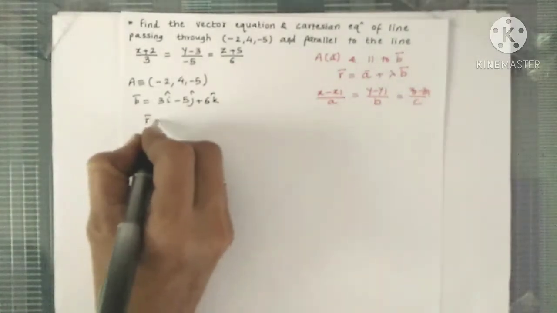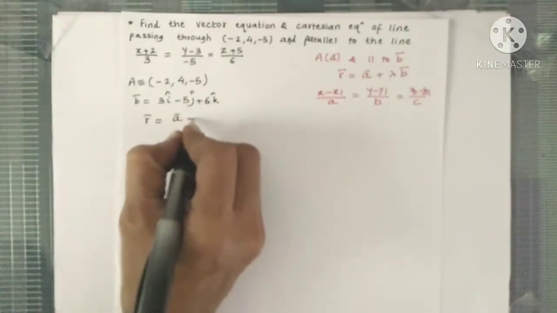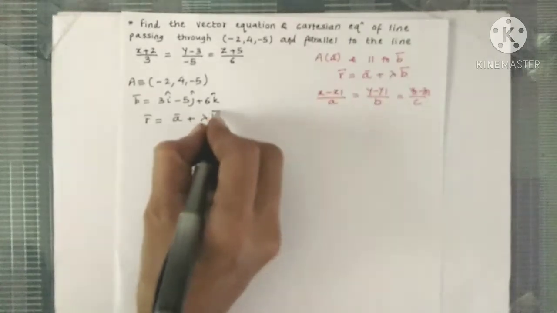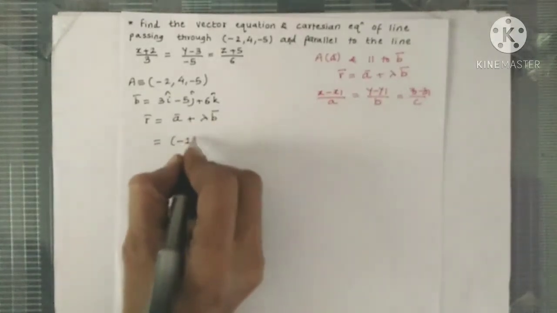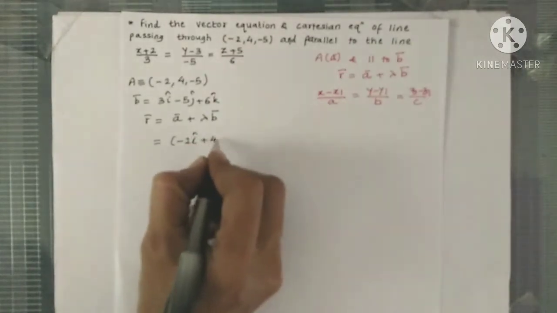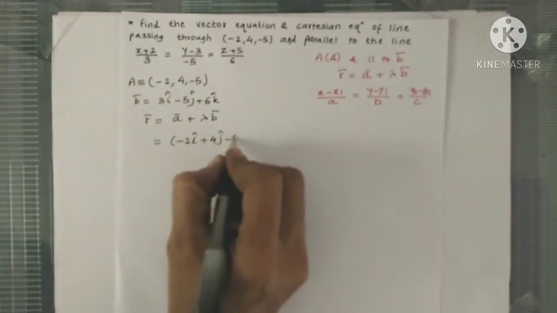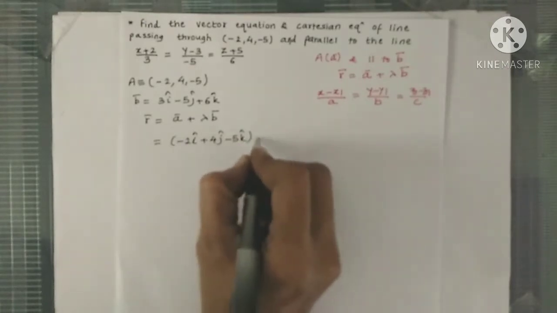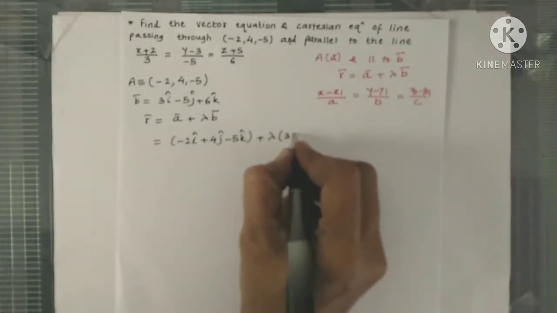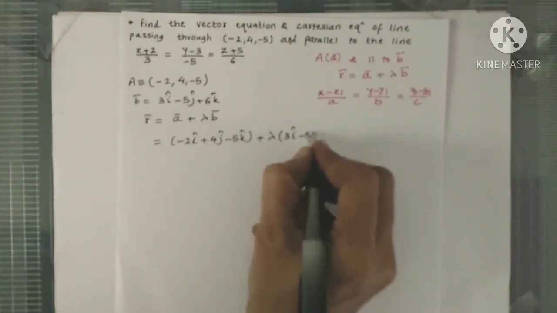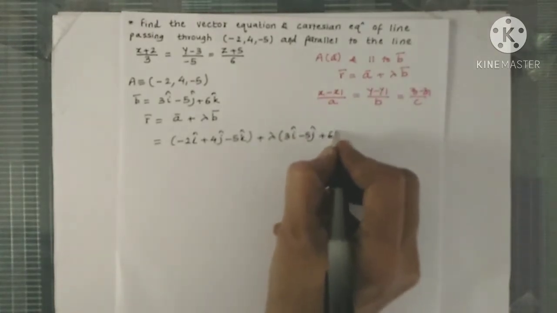Vector form of the equation is R bar = A bar + lambda B bar. Substituting, A bar is -2i cap + 4j cap - 5k cap, plus lambda into B bar, which is 3i cap - 5j cap + 6k cap.